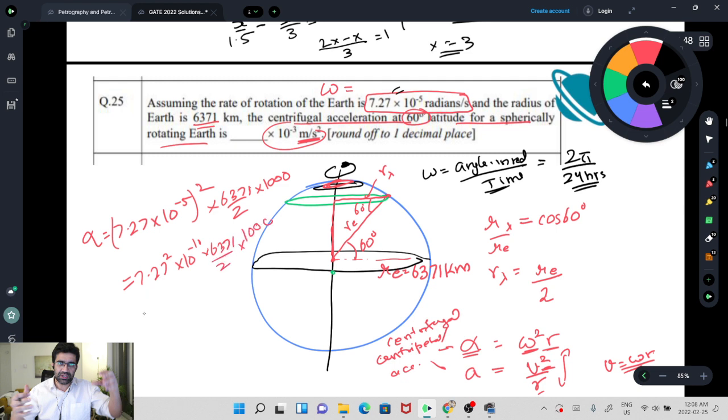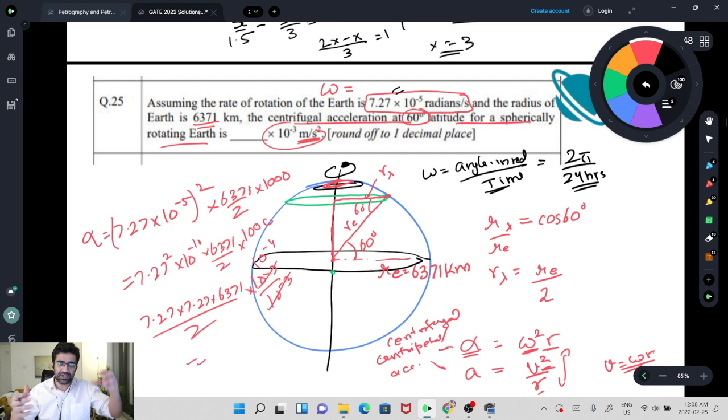So it will really be 7.27 into 7.27 into 6371 by 2 into 10 to power minus 7. They've asked you in 10 to power minus 3, so you basically are going to convert it into that. So you can divide it by 10 to power minus 3, so this will become 10 to power minus 4.